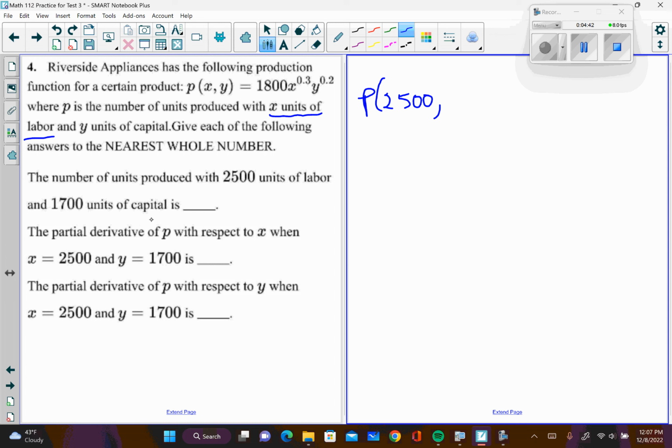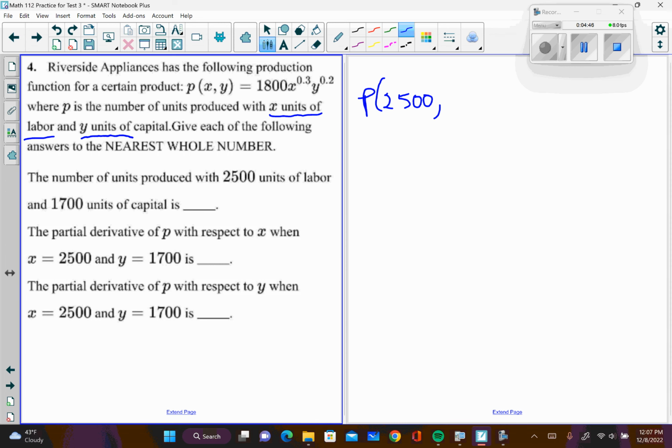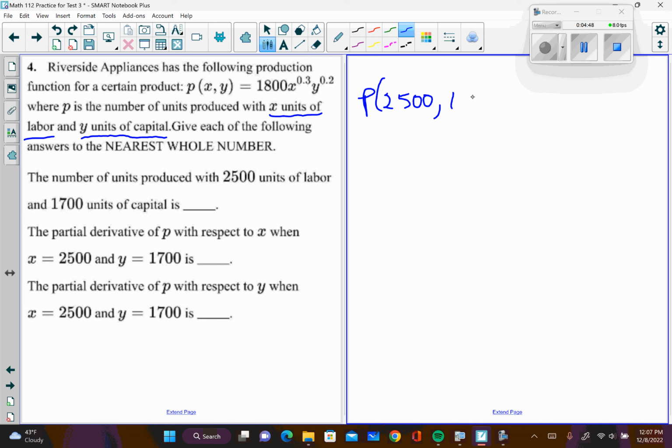And 1,700 units of capital, that means 1,700 is going in place of y. That's going to be 1,800 times 2,500 raised to the 0.3, and next to that 1,700 raised to the 0.2.